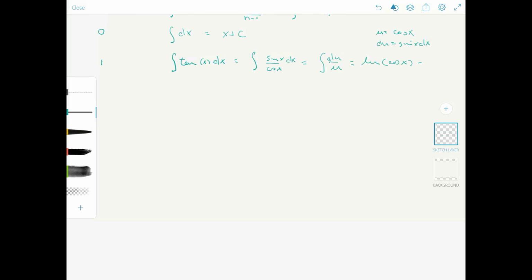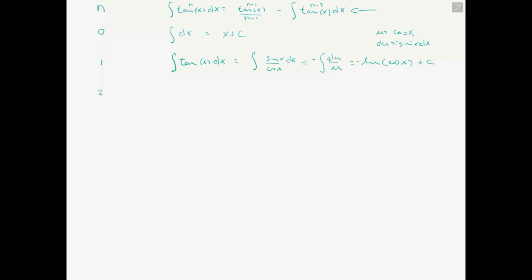Let's say u is cos x, du equals sine x dx. So we end up with du over u, which is ln cosine of x plus c. And you got to put a negative sign there because this is a minus.